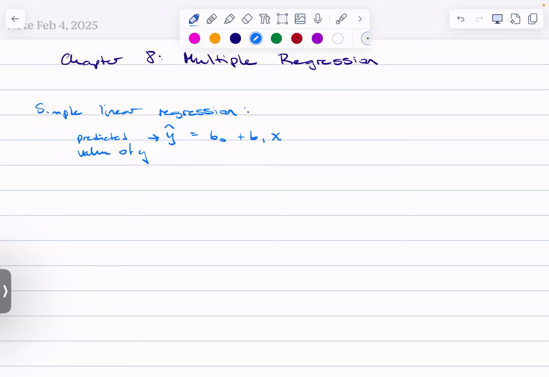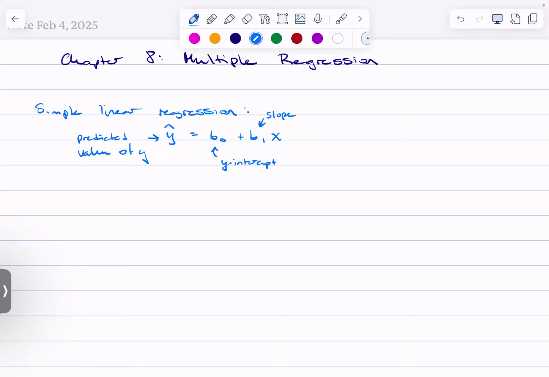The b1 is the slope and b0 is the y-intercept. We talked about how to interpret the slope and the intercept, which we're going to talk more about today.